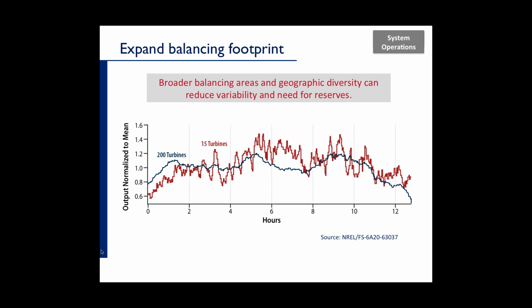It's 1 second data for 12 hours, but the same principle would apply if you were looking at many hundreds or even thousands of turbines, and especially if those turbines are split among multiple different locations, different wind farms or different wind plants. And the same principle applies to solar, where clouds will come by and cover up some of the solar panels in one region, but will not cover the solar panels in another region.